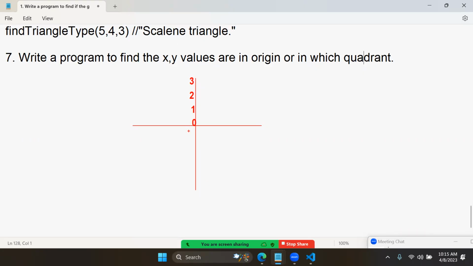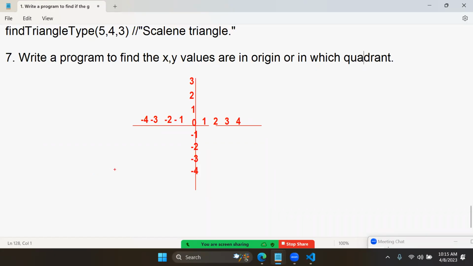Generally this side will be -1, -2, -3, -4. And on the right side it will be 1, 2, 3 and 4. This side will be -4, -3, -2 and -1.